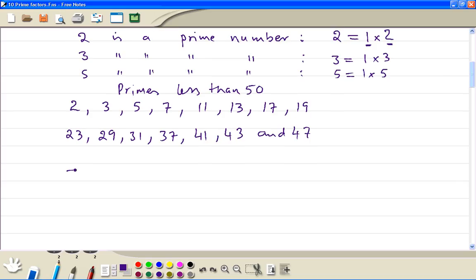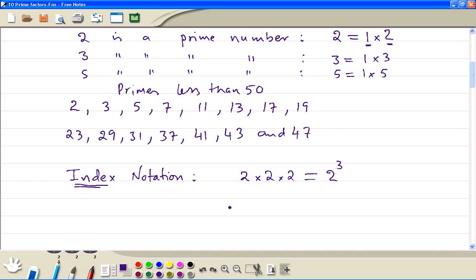Now we look at the index notation. Index notation is a short way of writing, like 2 times 2 times 2. You can just write it as 2 to the power 3. That's what the word index means, power.